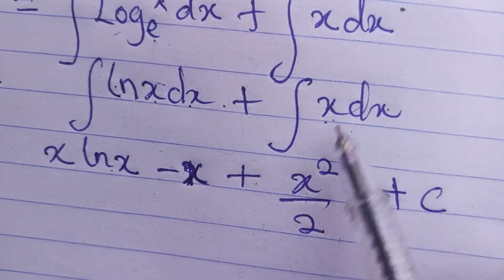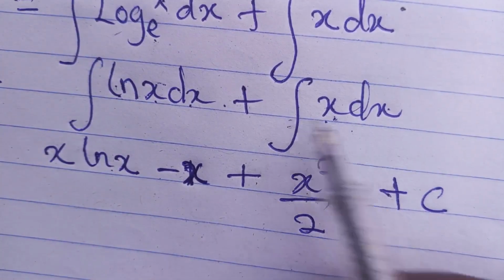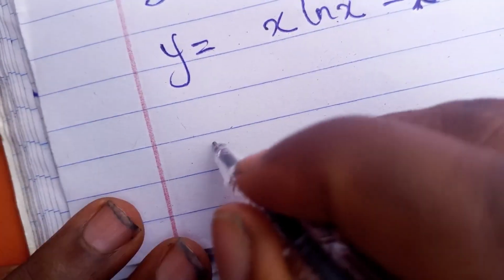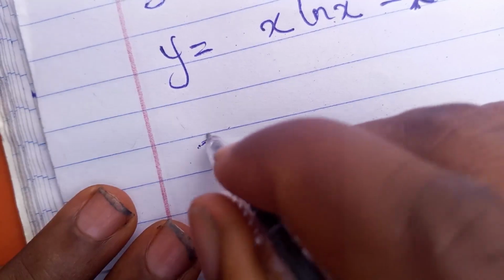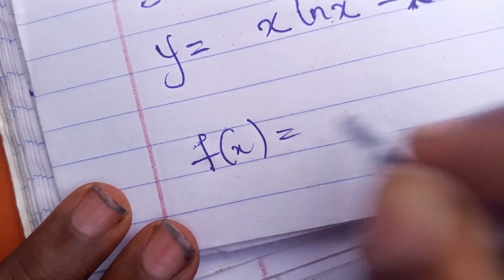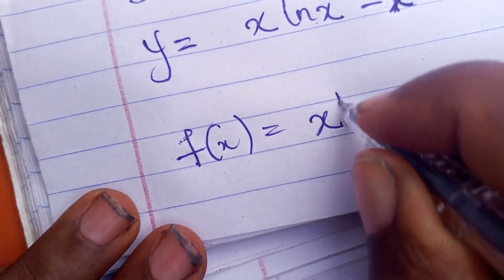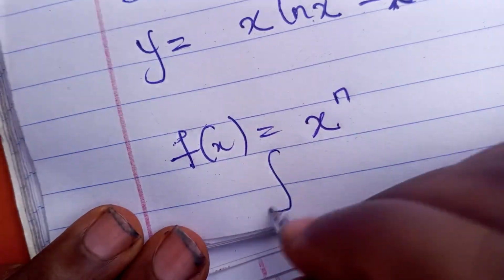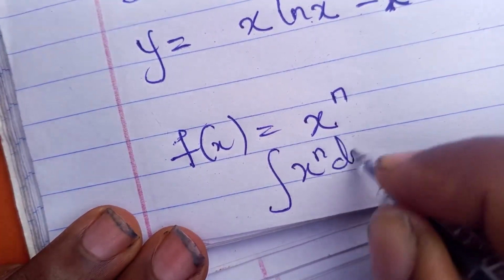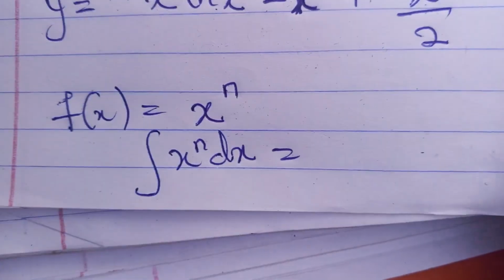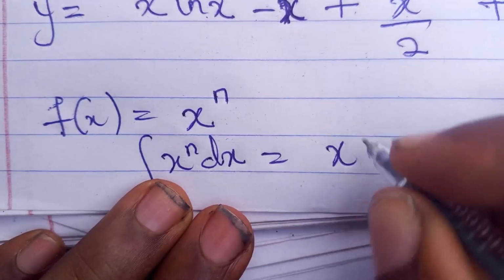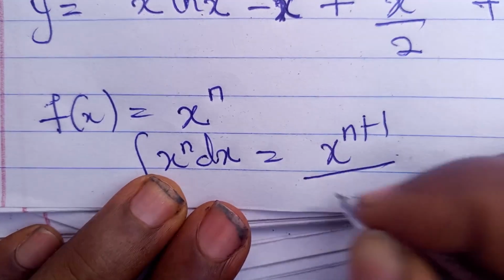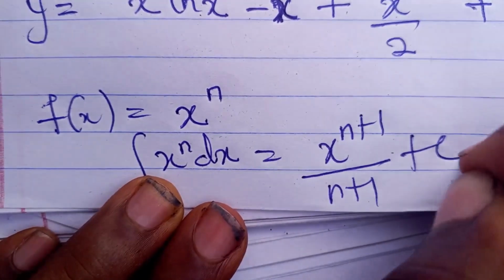So for this x now, the laws of integration say that if you have a function f of x equals x raised to the power of n, then if you integrate the function, the integral of x to the power n dx equals, the formula is x to the power n plus 1 divided by n plus 1, then plus c.